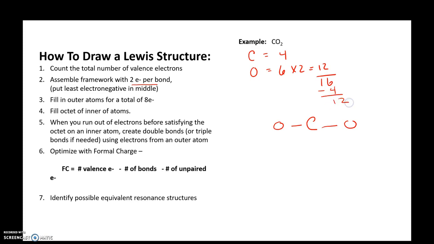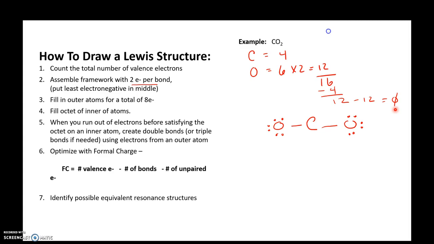I have 12 left. So to fill the octet of the outer atoms, the oxygens, I'm going to give them electrons. That used up 12 electrons, so now I have 0 left. But I have a problem because carbon only has 4 valence electrons, 2 for each bond.